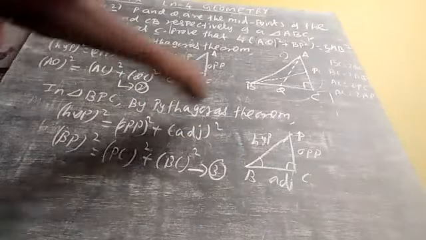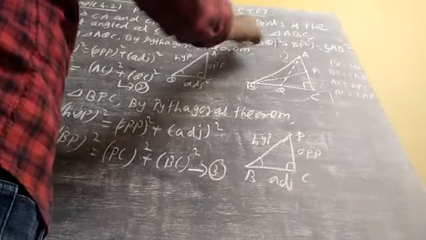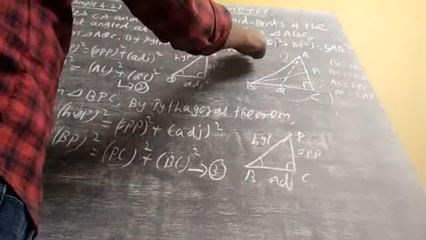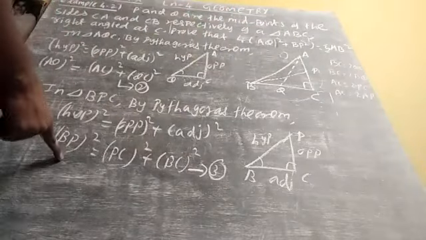Now what they said, see, they are adding AQ square plus BP square first, after that multiplying by 4. AQ square is equation 2, BP square is equation 3.